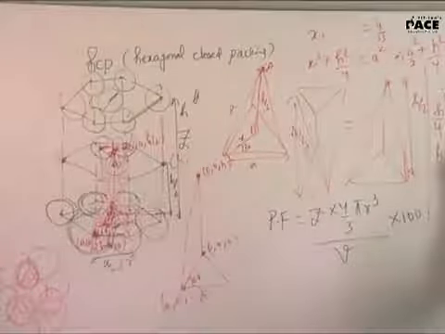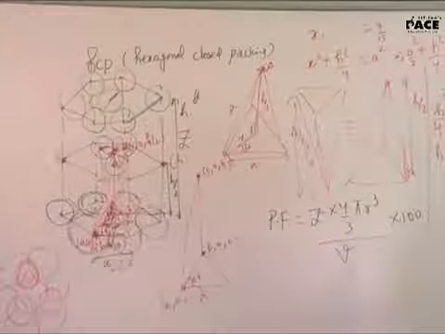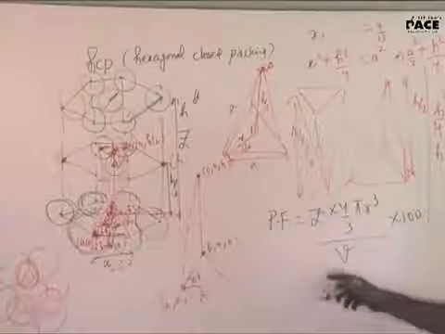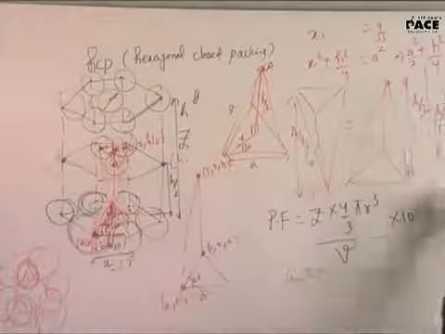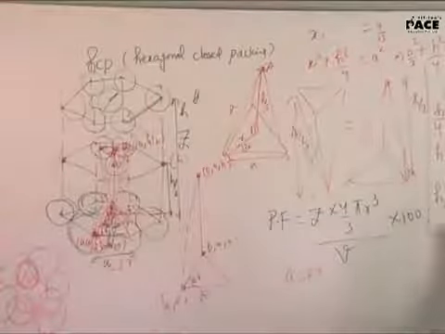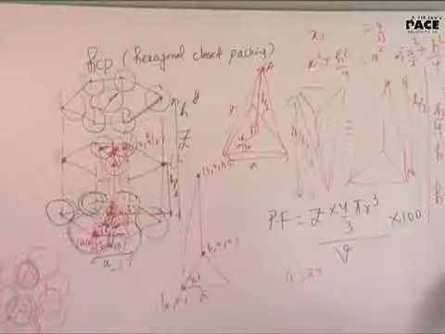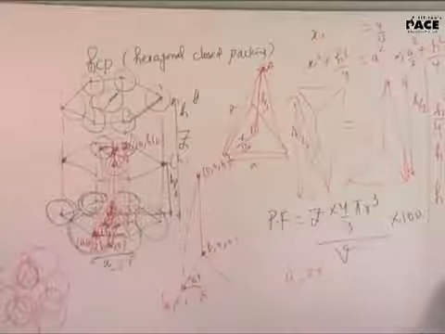Or I can say h square equal to 8a square by 3. Clear? And I know a equal to 2r. So h square equal to 8 into 4r square by 3. Can you see this? Yes, sir.